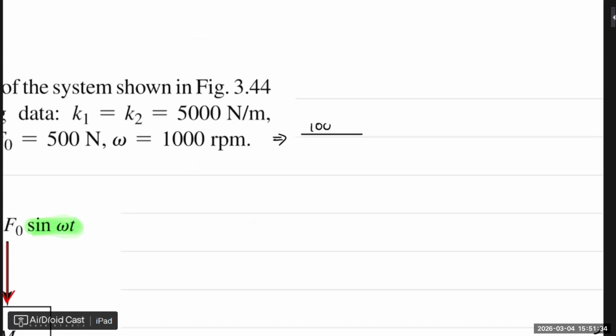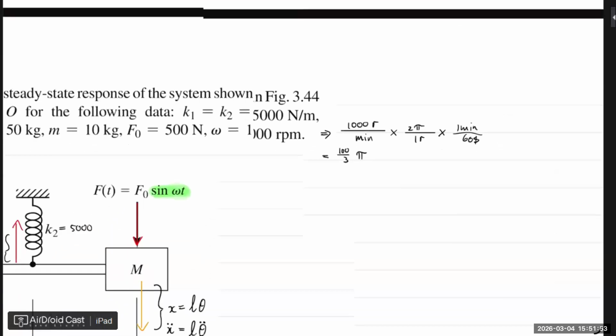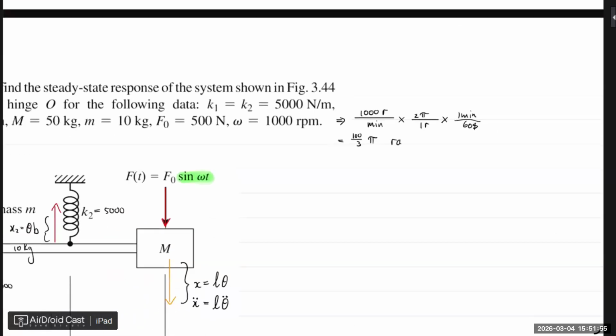So 1,000 rounds per minute multiplied with 1 round is 2 pi, and 1 minute is 60 seconds. So this will give me 100 over 3 pi. So I know that is rads per second.